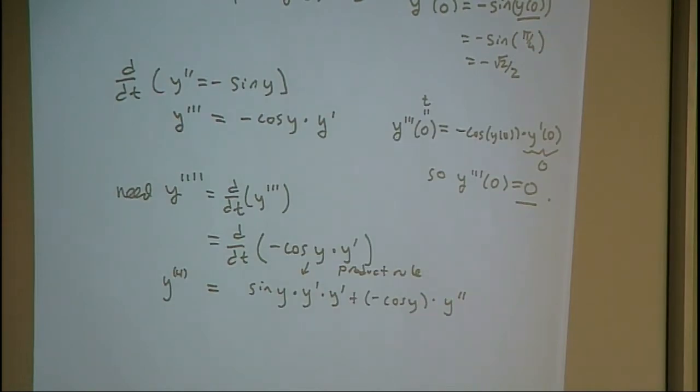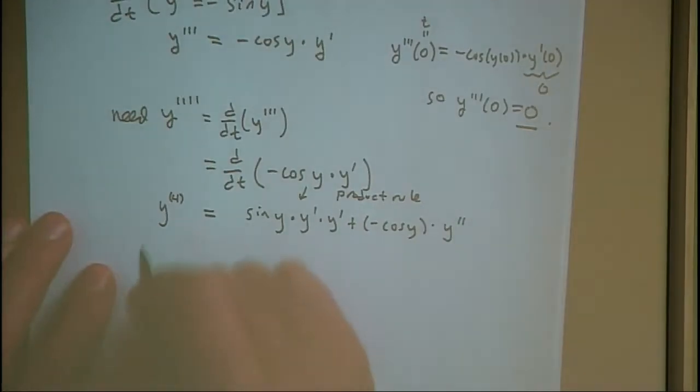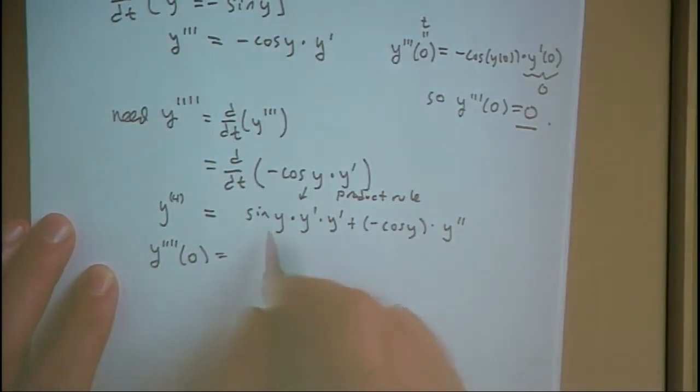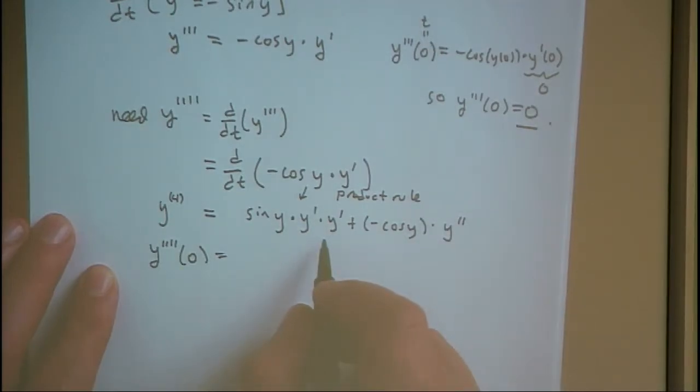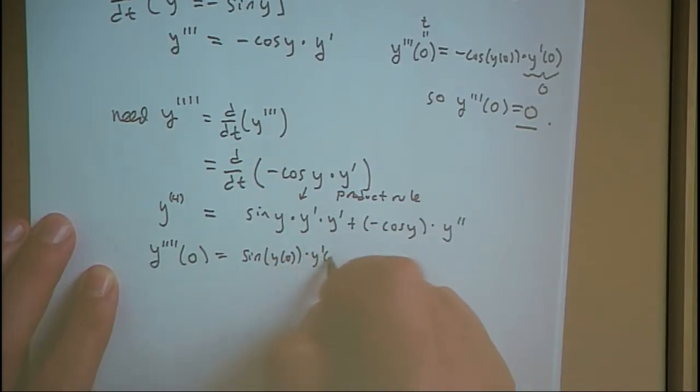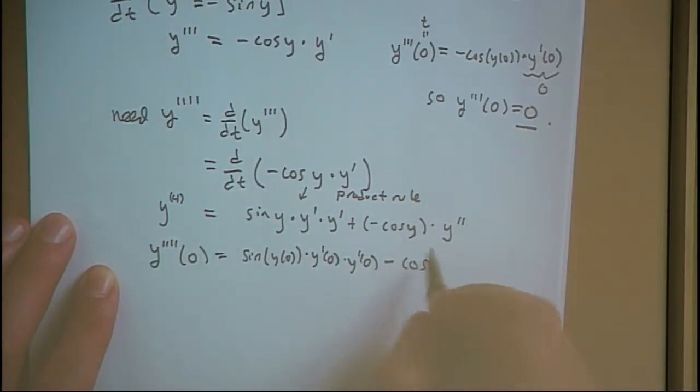Now again, we want to evaluate that at 0. So let's evaluate at 0, y the 4th derivative at 0. Well, this is going to go away again because I've got y prime at 0. I'll show it though. Y of 0 times y prime of 0 times y prime of 0. These are both 0. Minus cosine. Again, y is not 0.